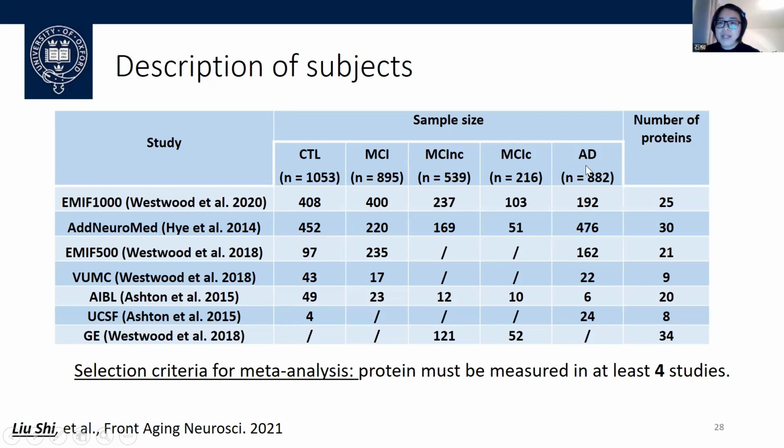We also have nearly 900 AD patients. And the last column shows you the number of proteins. As you can see, in different studies we studied different numbers of proteins. So if we want to do a meta-analysis for one single protein, the selection criterion is that this protein must be measured in at least 4 different studies.